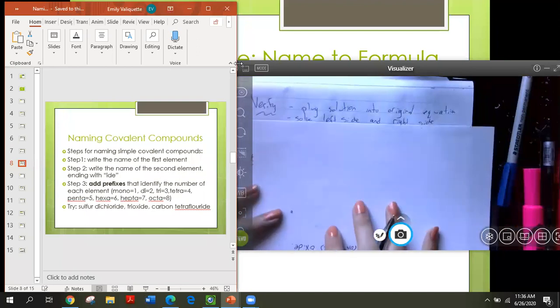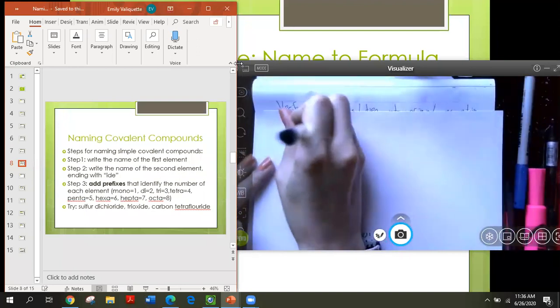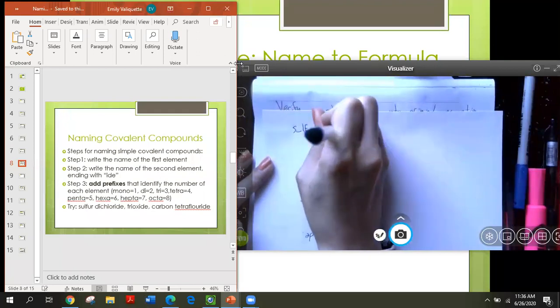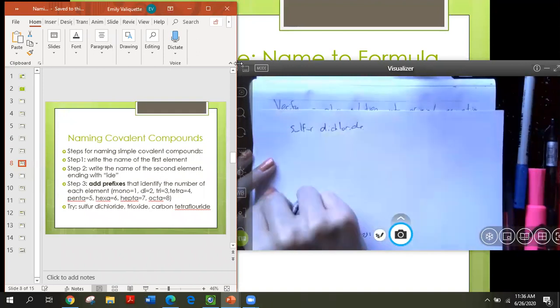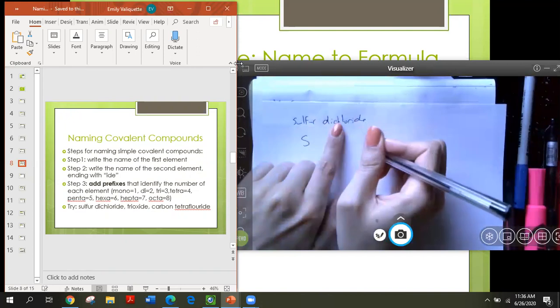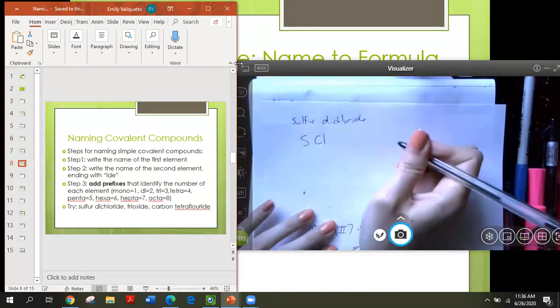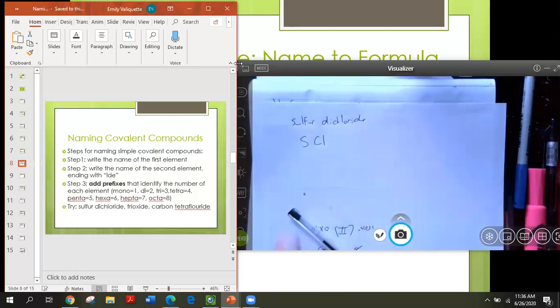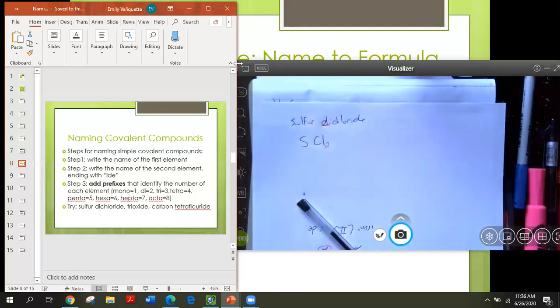Okay, so we have sulfur dichloride. So sulfur is just S. Chloride refers to chlorine, so that's Cl. And then this prefix of di in front of the chloride tells us that there are 2 chlorines.